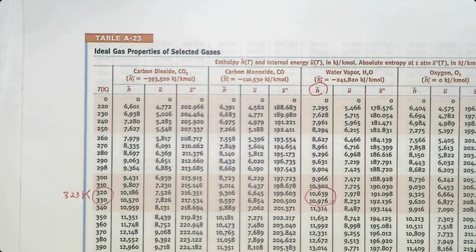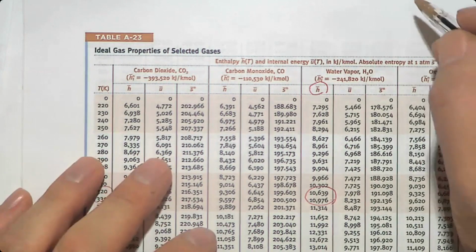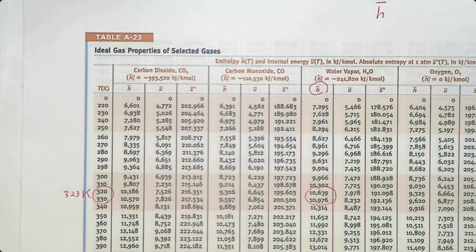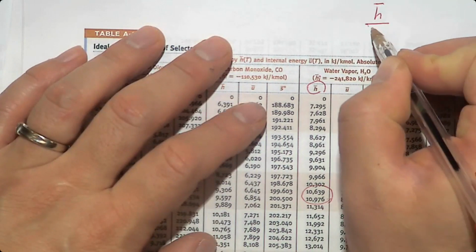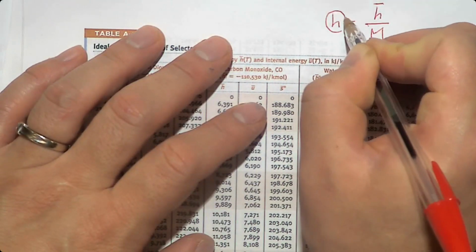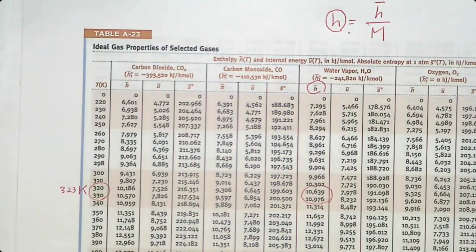Then how do you convert that into a mass basis? H bar divided by molecular weight is H. So we can do a linear interpolation between these two numbers, but after that, we need to divide by that capital M. What is that capital M?